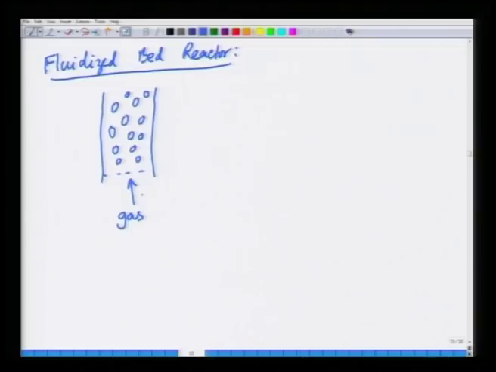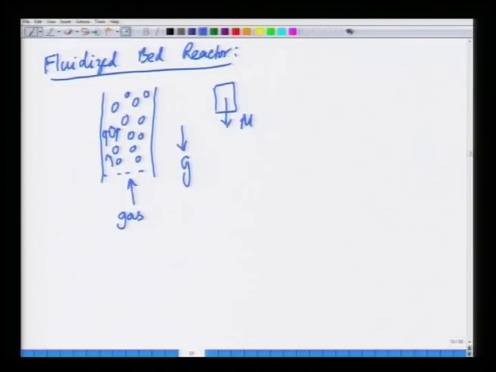But in order to enhance the mixing of various zones in the bed, what we do is we pump the gas at such a high flow rate that the drag force exerted by the gas on these solid particles exceeds the weight. The bed of particles will have a weight because gravity is acting below.